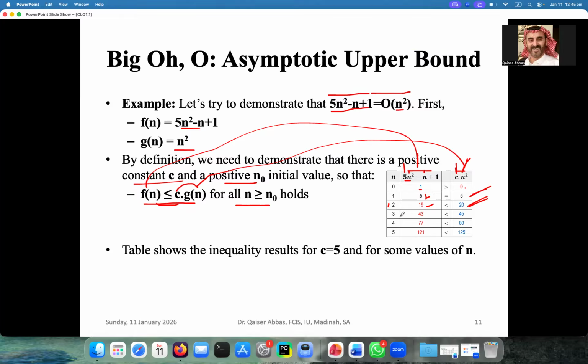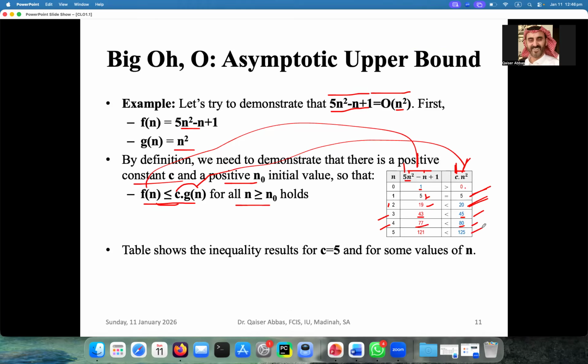So for 2, it is okay. Now check for 3. For 3, you have 43 here and 45 there, again less. If you put 4 in this equation, you have 77 here and 80 there with c equal to 5, and it is less.